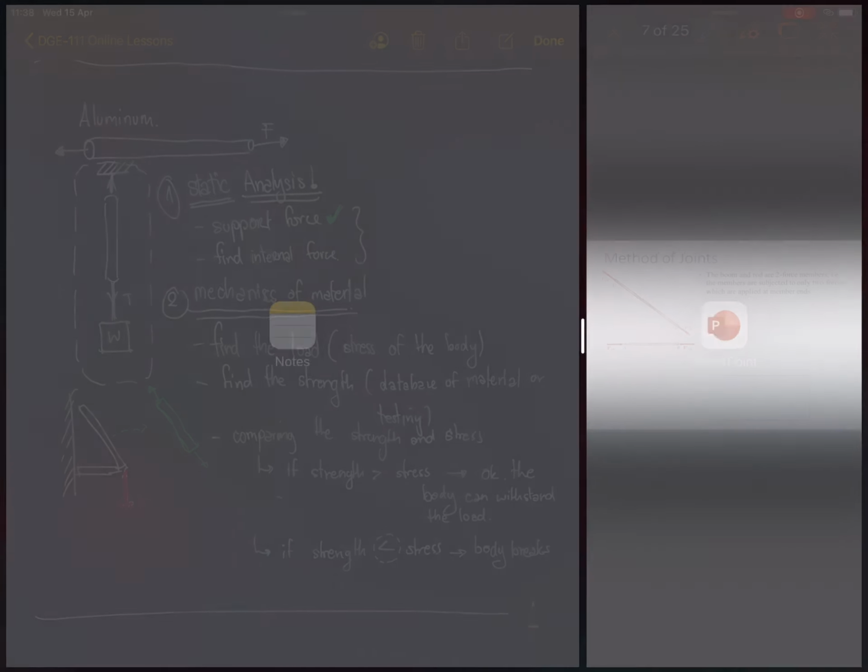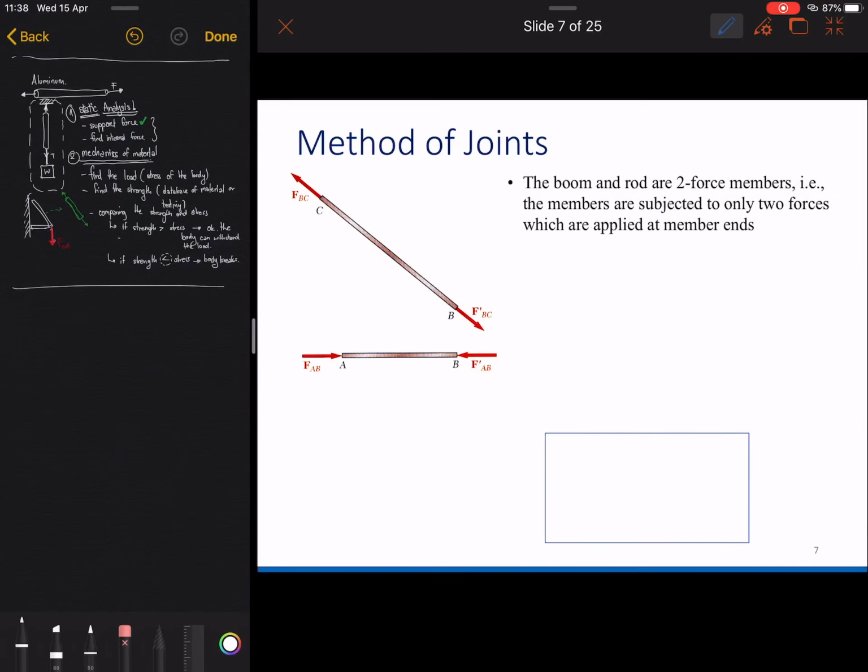So next we have to find the internal force, and the boom and the rod are 2 members. Do you remember the chapter that we have learned about the truss? Remember this kind of structures?